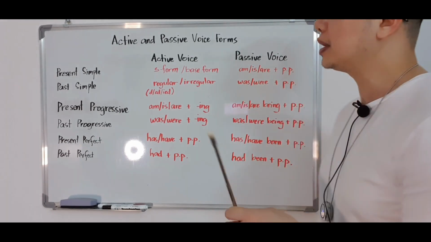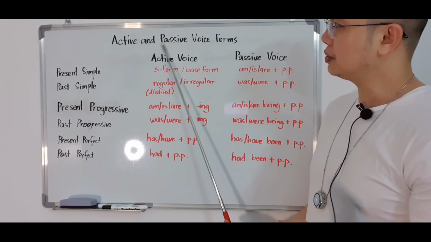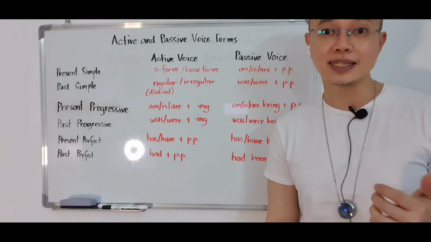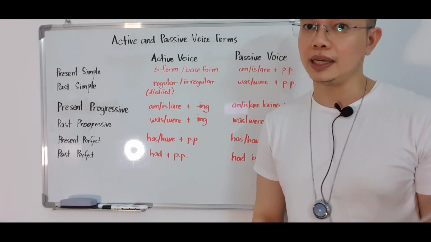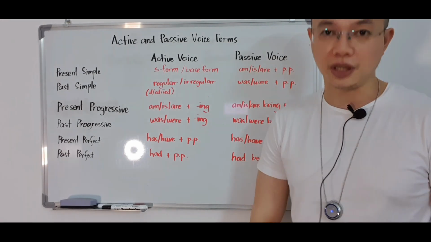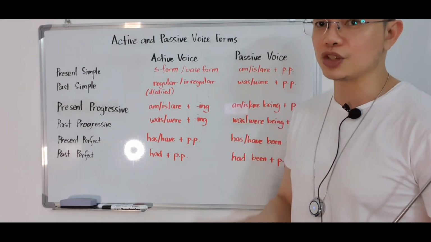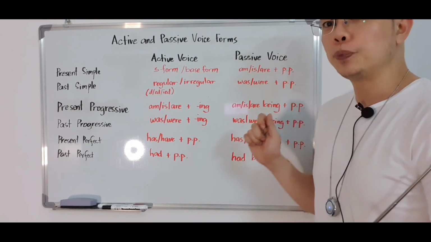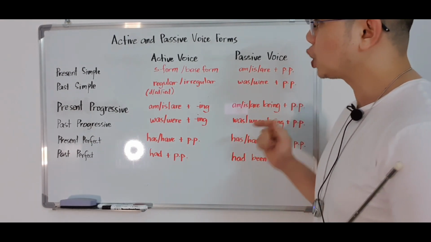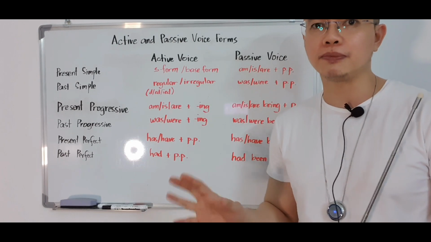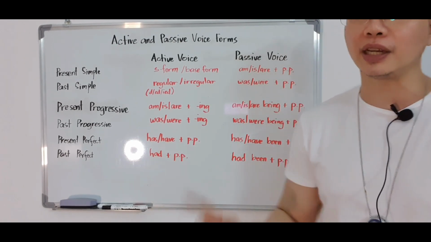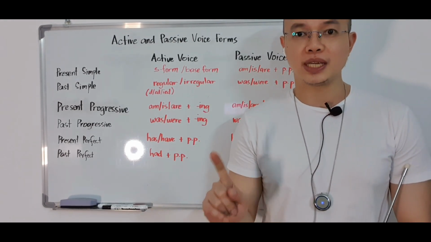By the way, the lessons about how to make passive voice sentences are in different videos. I already had some lessons about that, so you can go to my main page in my channel and look for passive voice lessons.